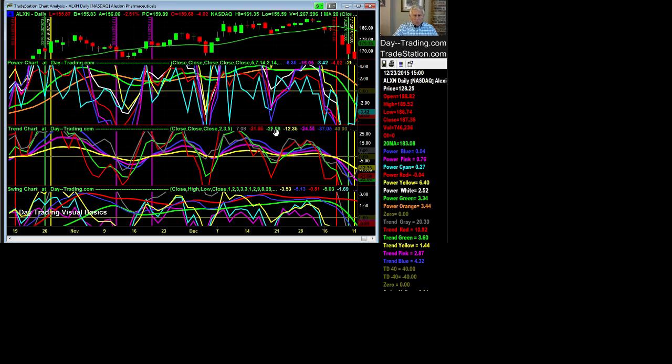And otherwise, you have the swing red and green above zero. You have the power orange and green above zero across this whole chart. And with different variations, you have the trend trio above zero.